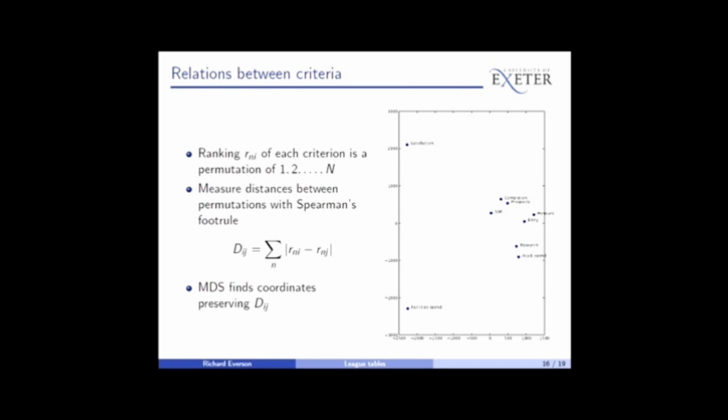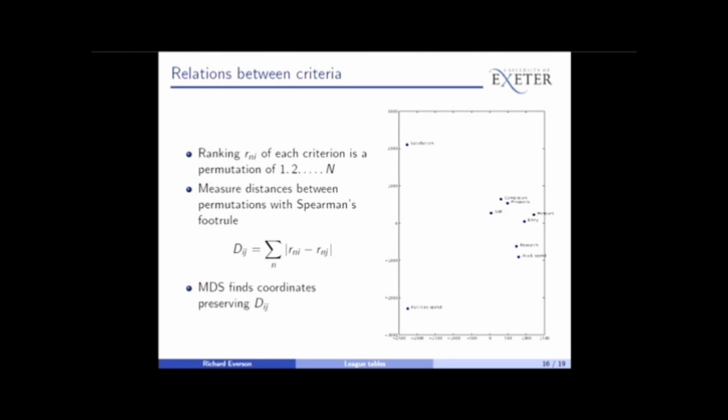The natural distance is Spearman's footrule, which essentially is the absolute distance between rankings. And using that distance, you can do the same sort of embedding and arrive at a plot that preserves the distances between the criteria themselves.